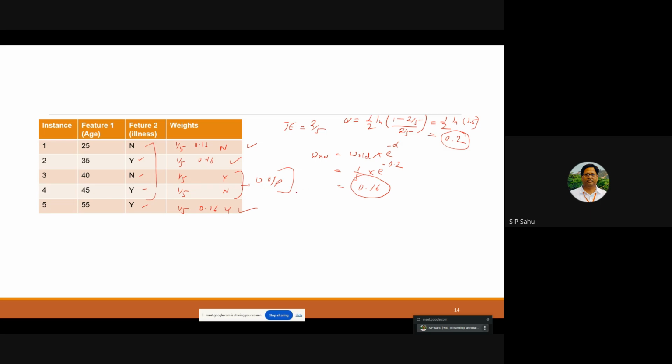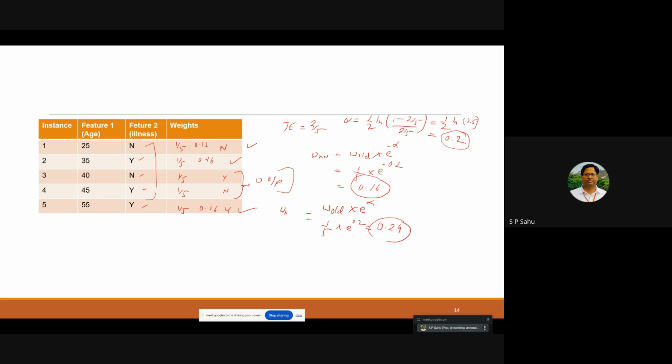And for misclassified data, or wrong output, W new equals W old into e to the power alpha. So it is 1 by 5 into e to the power 0.2. I have computed this value, it is 0.24.